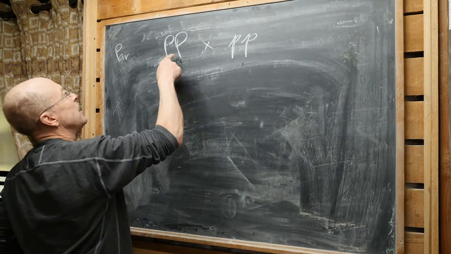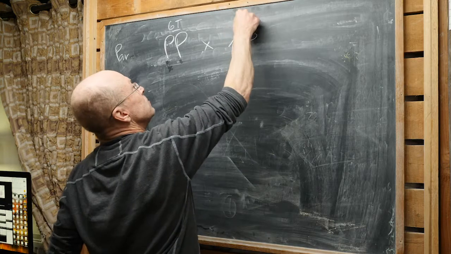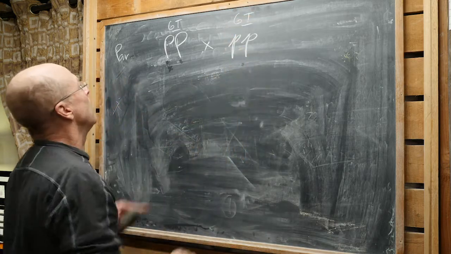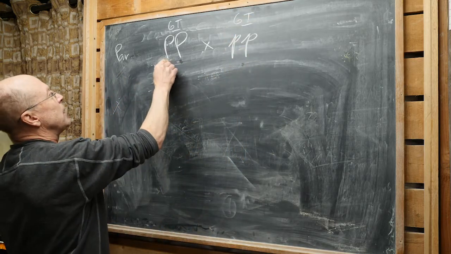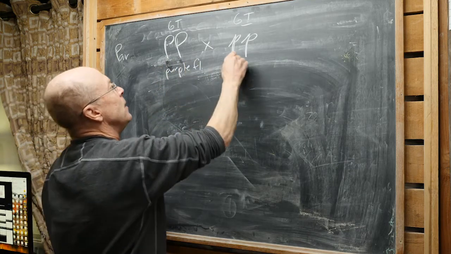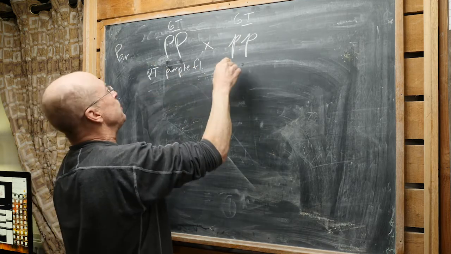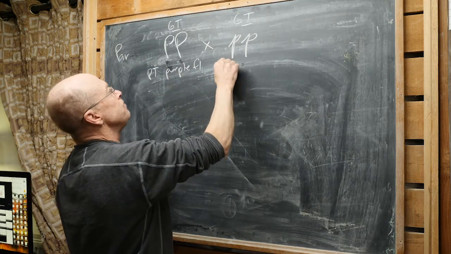So this is a genotype here, which we are abbreviating as GT. This is a genotype here for the other parent. The phenotype for this particular parent was purple flower, and the phenotype for this plant was white flower.